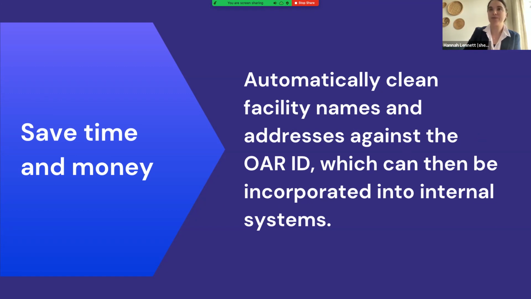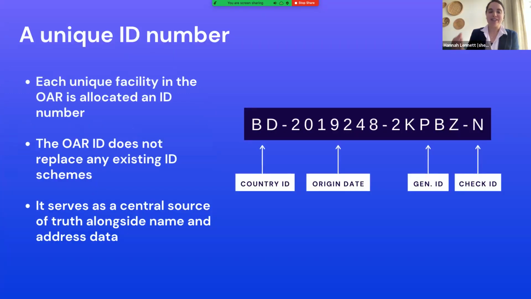And I want to take a moment to look at the OAR ID and talk a little bit more about it. As I've mentioned, each facility in the OAR is allocated a unique ID number, this OAR ID. It is not our intention to replace any existing ID schemas. Instead, what we're looking to do is have this ID serve as a central source of truth alongside that quality name and address data that we are collecting and creating in our database.